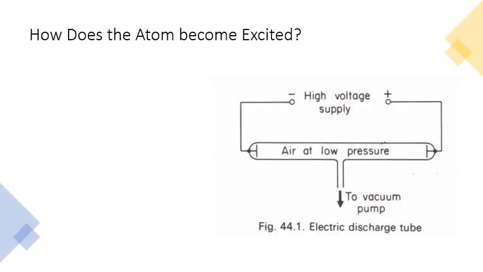Right, how does the atom become excited? Well, there's a few ways. In astrophysics, quite often the atom's actually been split apart. We've given our atom enough energy to ionize it, to break the electron away from the proton.